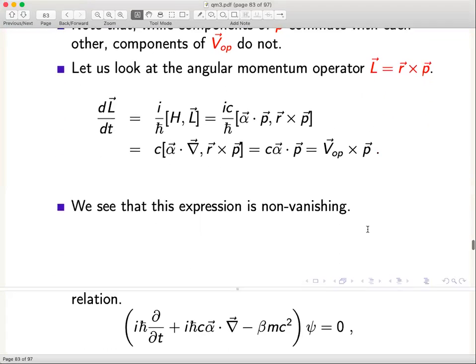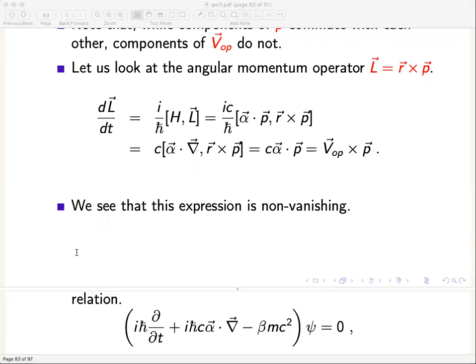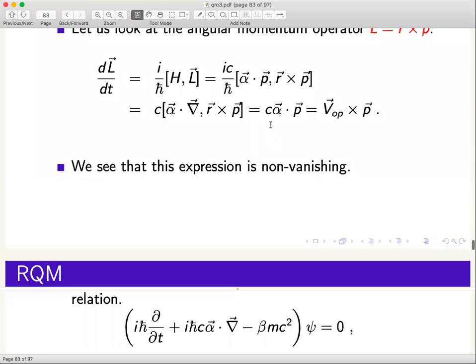So you get this answer. Forget about the velocity operator. If you just look at this alpha cross p expression, then you will immediately see that this quantity c times alpha cross p is actually non-zero.